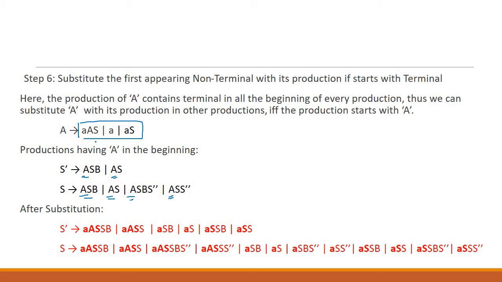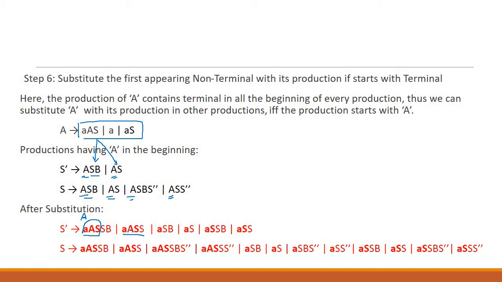So all these three for S dash and all these three for S. So here you can see that this was technically A. You can see A S B. So A has been replaced with the first production A A S, second A S. So A should be replaced with A A S and then S. So A A S and S, from these two productions, and the third production is small a and S. So this small a should also replace the other ones. So step by step we need to eliminate things.